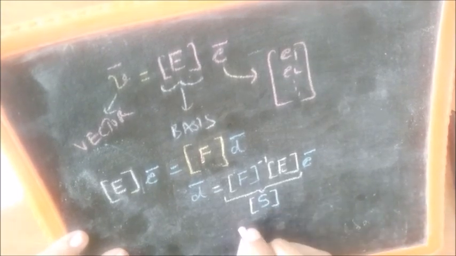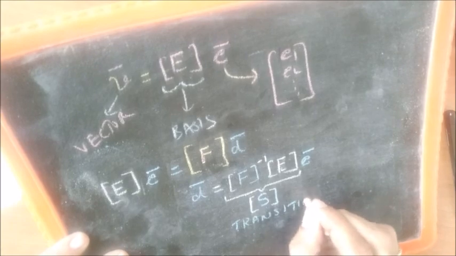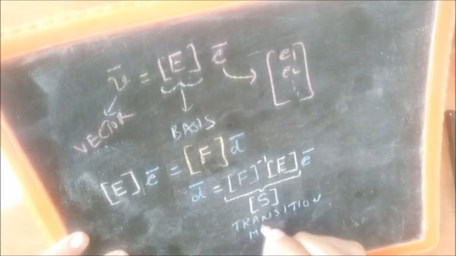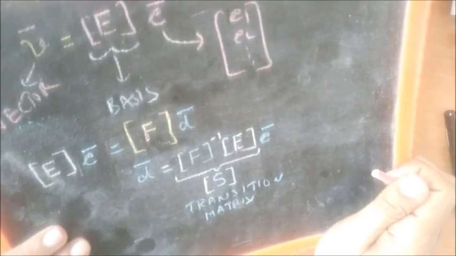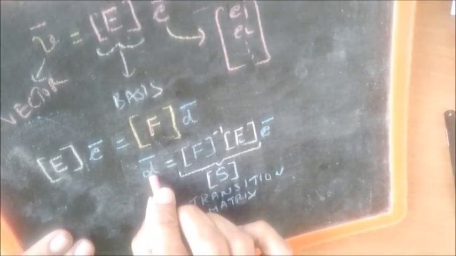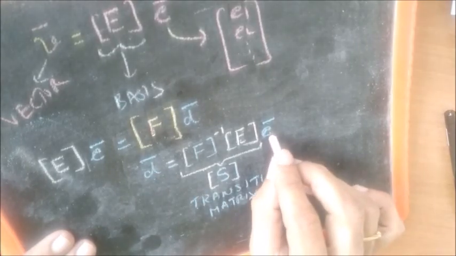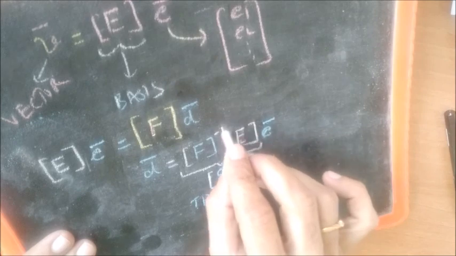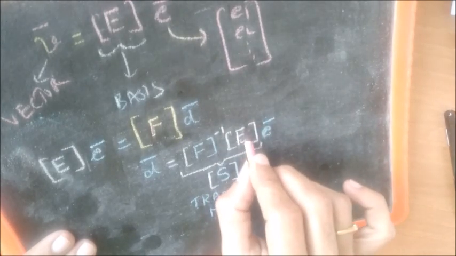There is a name for that. It is called the transition matrix. Whenever you have to find the new coordinates of a vector, you should know its coordinates in a known basis.